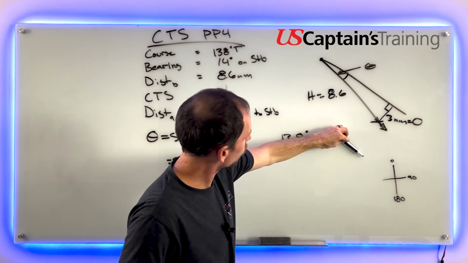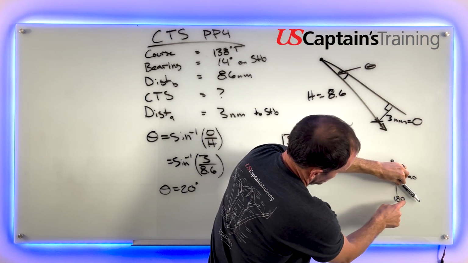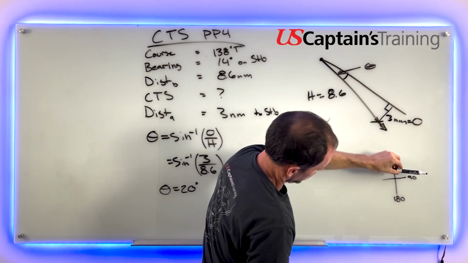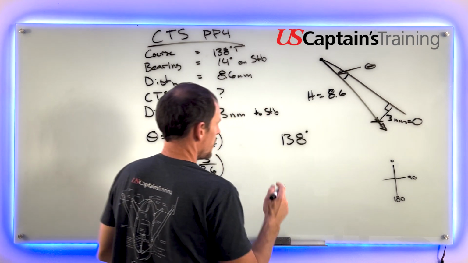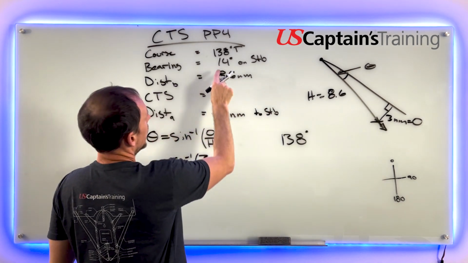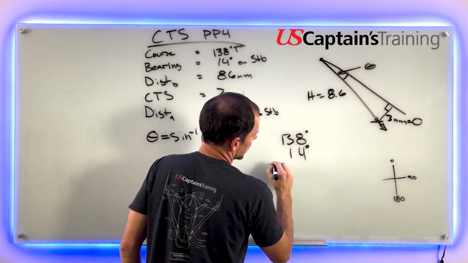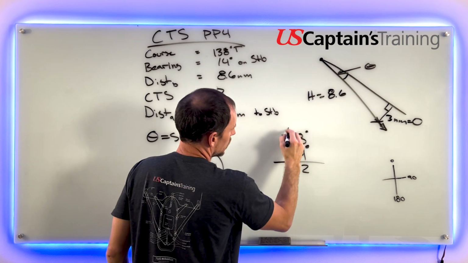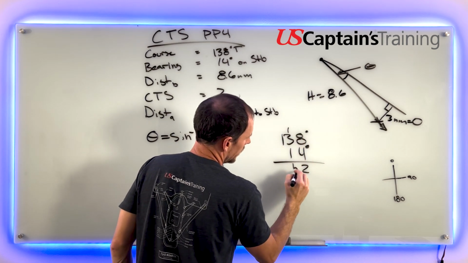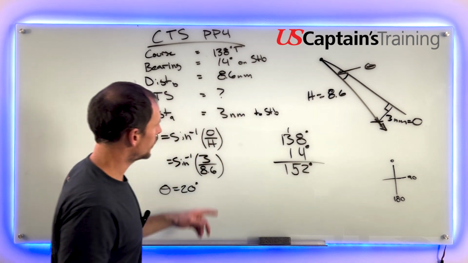And this thing is 14 degrees on our starboard. What do we have to do? We correct down. So we're going from 90 towards 180. We're going to add. So we add this 14 on starboard. 8, 9, 10, 11, 12. 1, 3, 4, 5. 1 comes down. Now we're at 152.